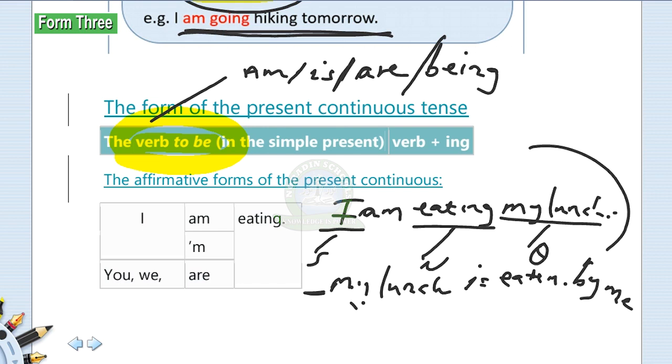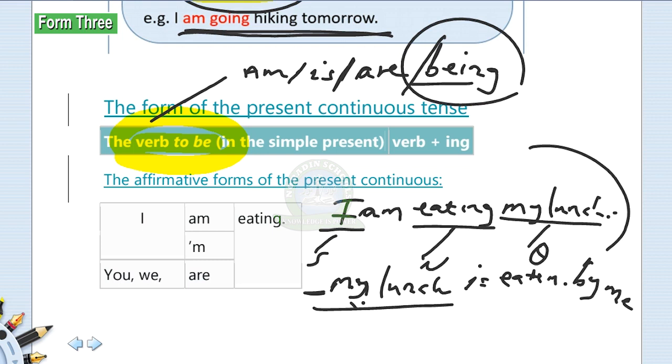So in passive, the object of your active voice becomes the subject of your passive voice. And don't forget that in passive, we add the verb to be with the present participle, being.